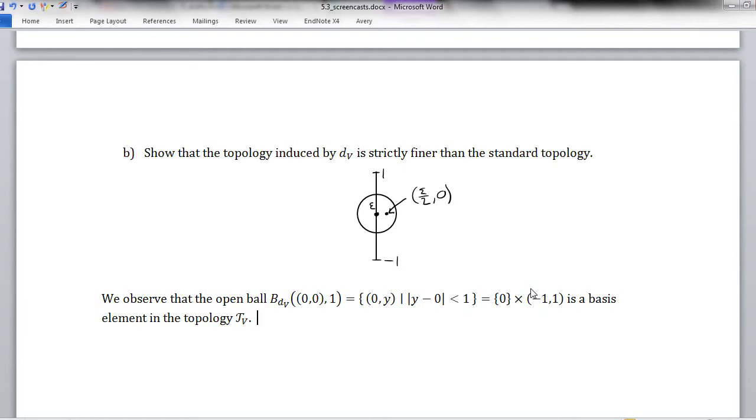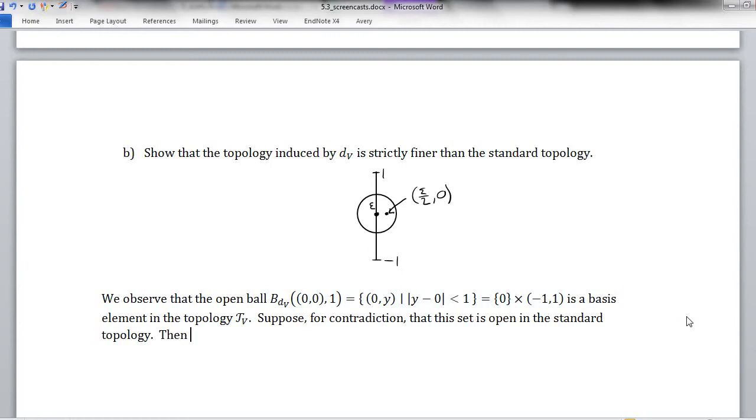Okay, well, suppose for contradiction that this set is open in the standard topology. I want to prove that it's not, that I have an open ball, or in particular an open set in the T sub v topology, which is not open in the standard topology. Okay. So suppose it is, and let's get a contradiction.